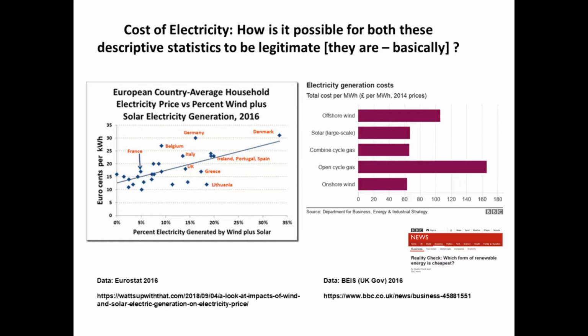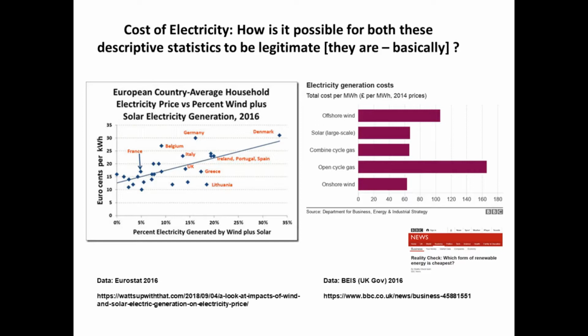They mean levelized cost, which is a more technical thing, but they say total cost per megawatt hour for producing electricity by various different methods, and they compare offshore wind, which is quite expensive, with solar electricity, which they claim at large scale is quite a bit less expensive, and they show onshore wind, which turns out in their graph to be the lowest cost of the different sources of electricity, including combined cycle gas, which is a fossil fuel source of electricity which they claim is slightly more expensive than onshore wind.